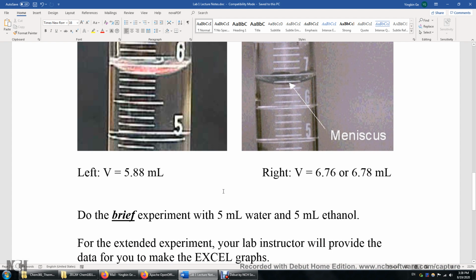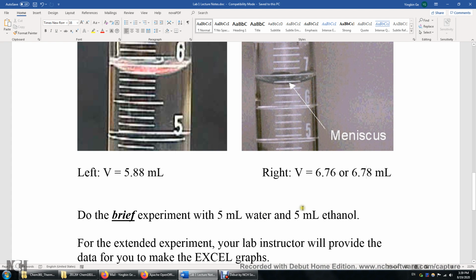In this lab, you just need to do the brief experiment. You need to mix 5 ml of water and 5 ml of ethanol. That's it. You want to measure this 5.00 milliliters of water exactly, 5.00 milliliters of ethanol exactly, and then measure the mass of water and ethanol. Here I want to remind you, before you add water and ethanol in the graduated cylinder, be sure to weigh the clean and dry and empty cylinder first.